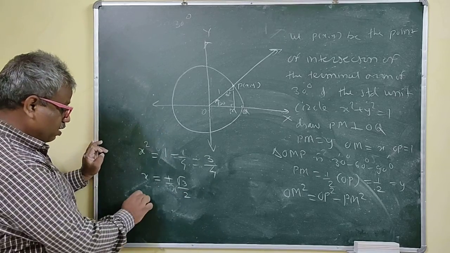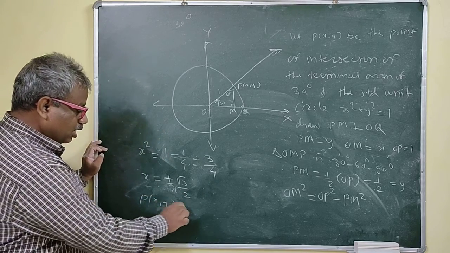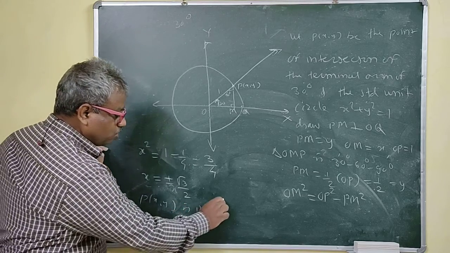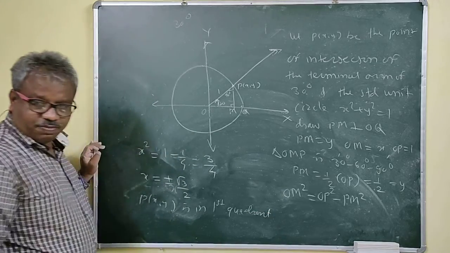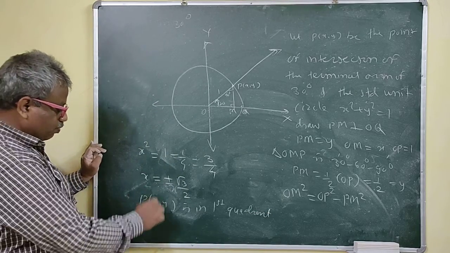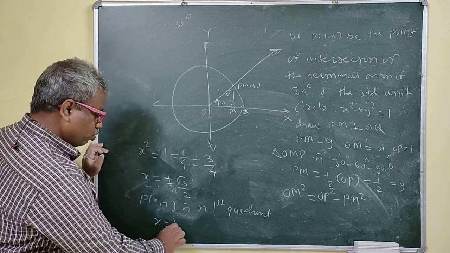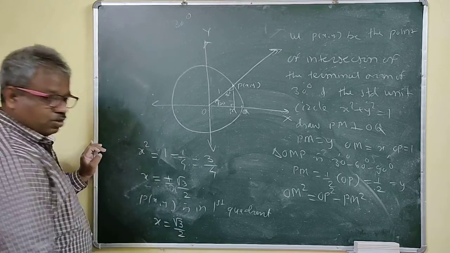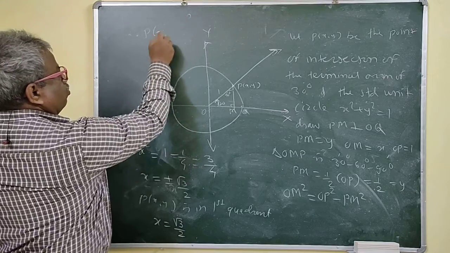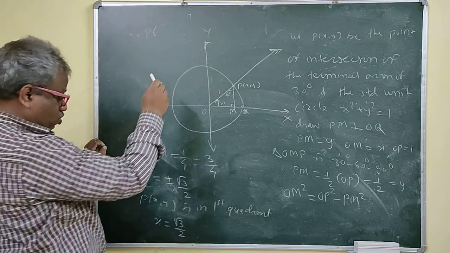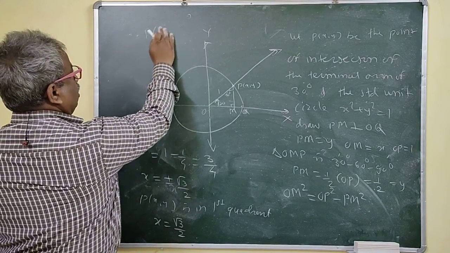But where is your P? P(x, y) is in the first quadrant. Right? So therefore x is equal to root 3 by 2. Right? So therefore P is what? x is what?